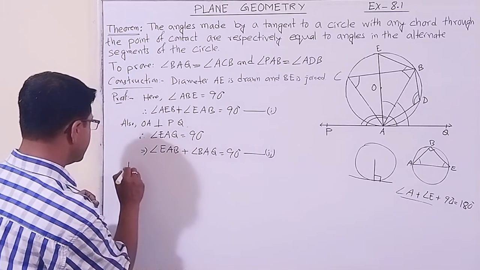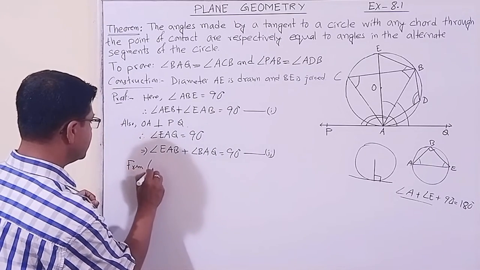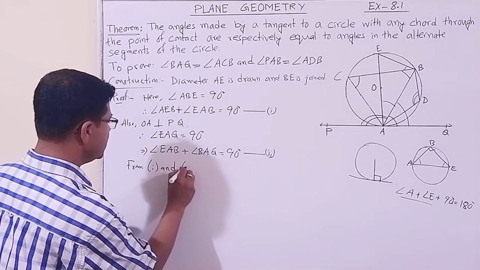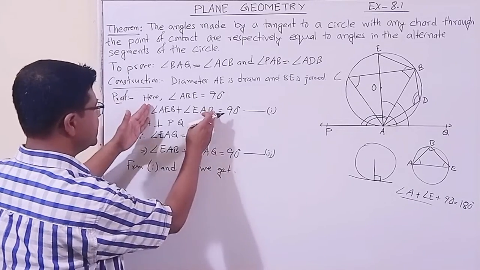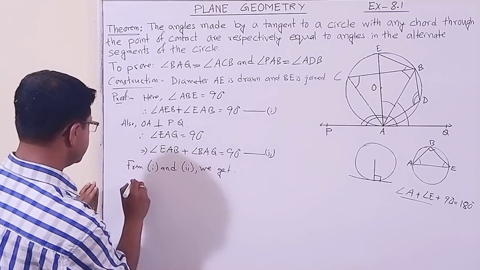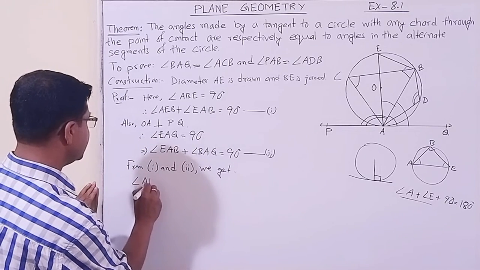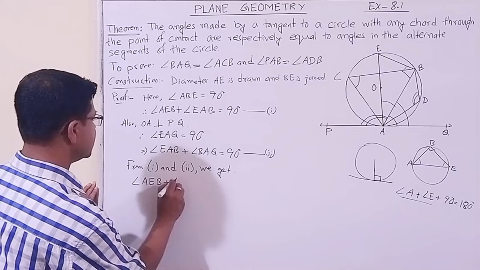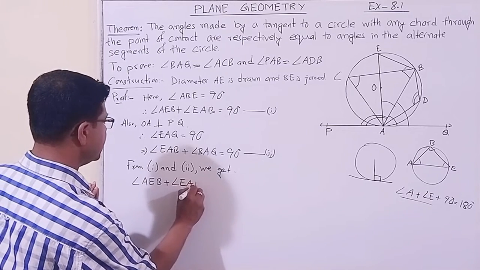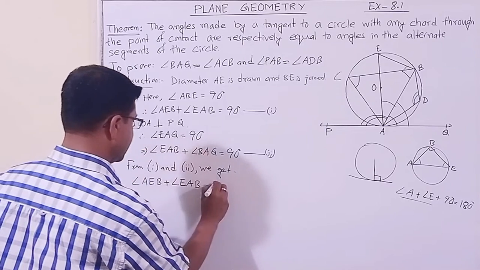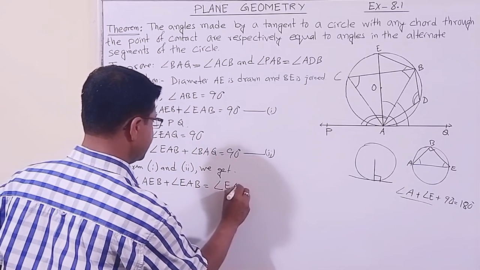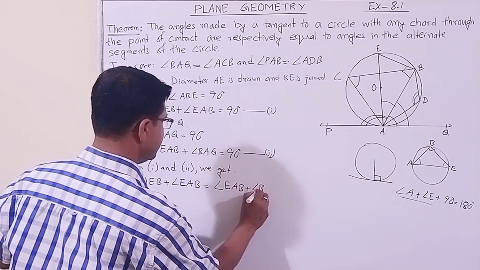Okay, from 1 and 2 we get, what do we get? We will write this equal to this. Angle AEB plus angle EAB is equal to angle EAB plus angle BAQ.